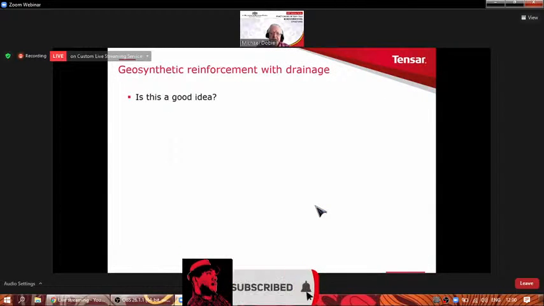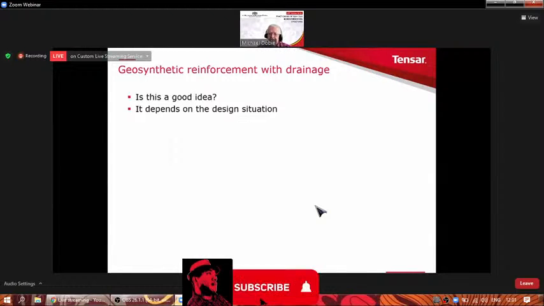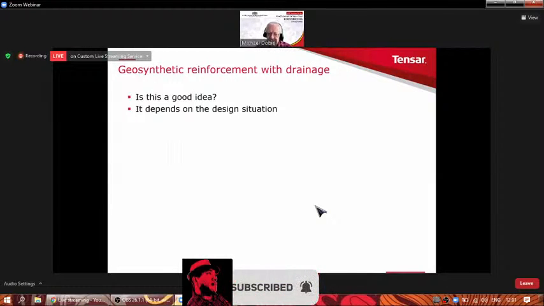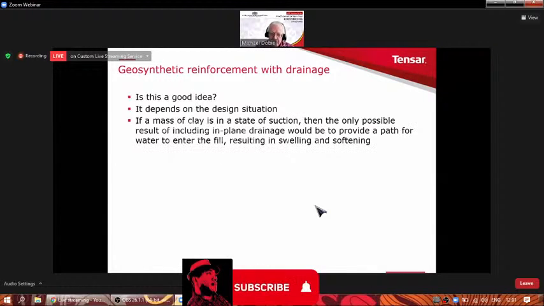Now, there are forms of geosynthetic which combine reinforcement and drainage. Now, is this a good idea? And I'd have to say, as with any engineering material and decision, it depends on the design situation. But in a simple way, if a mass of clay is in a state of suction, then the only possible result of including thin drainage layers throughout that clay would be to provide a path for water to enter the fill.